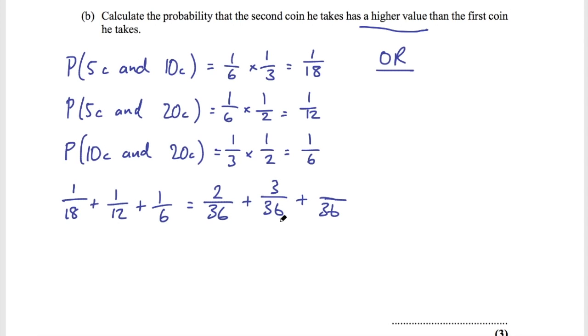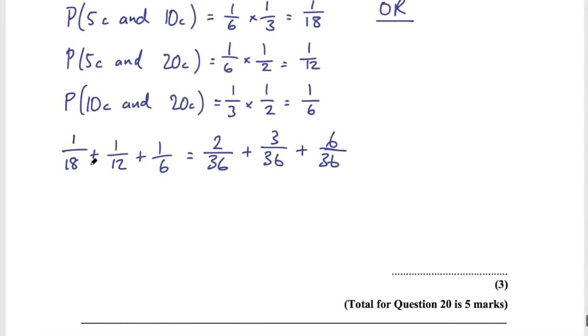Well, think of your equivalent fractions. I need to multiply that by 6. So I've just converted all those fractions so that they have the same denominator, then I can add them together. So 2 plus 3 plus 6, that's going to be 11 out of 36, and that's my answer.